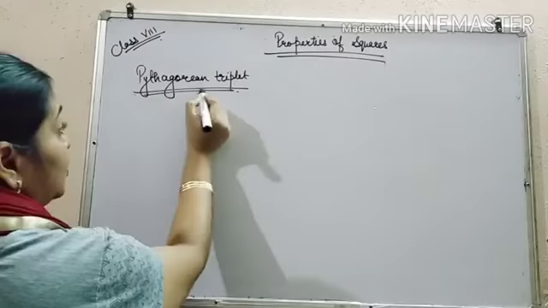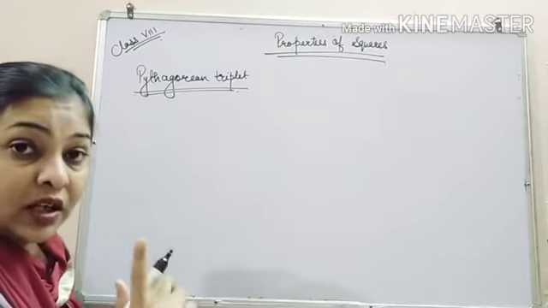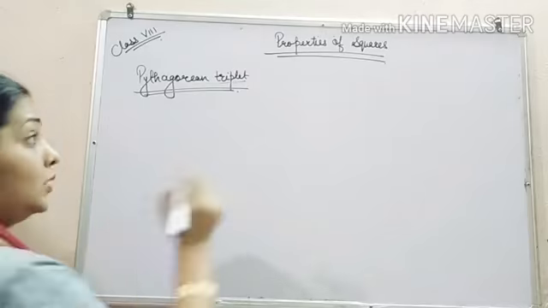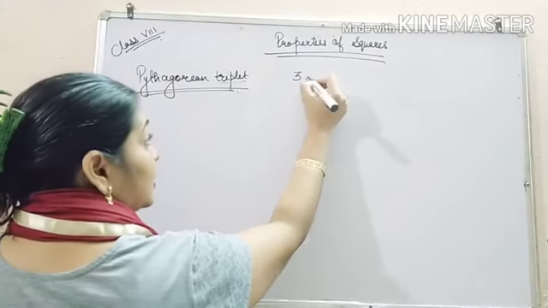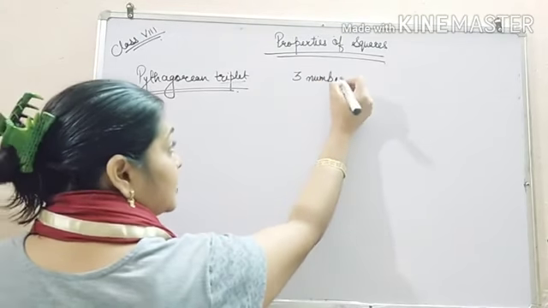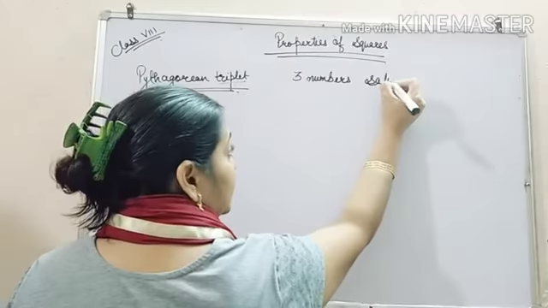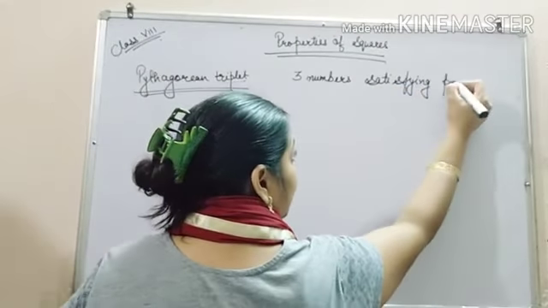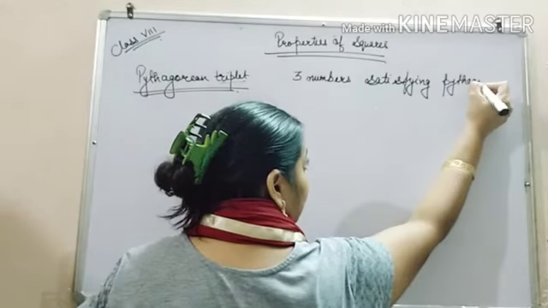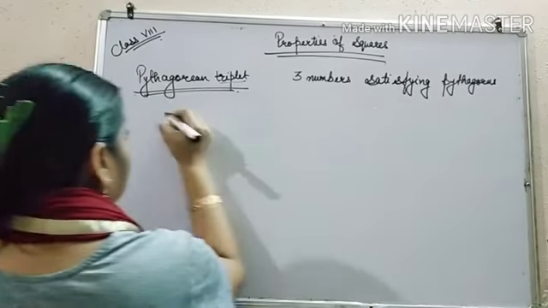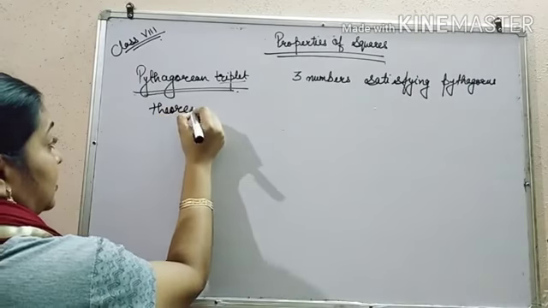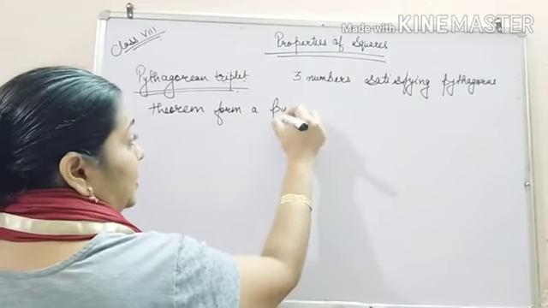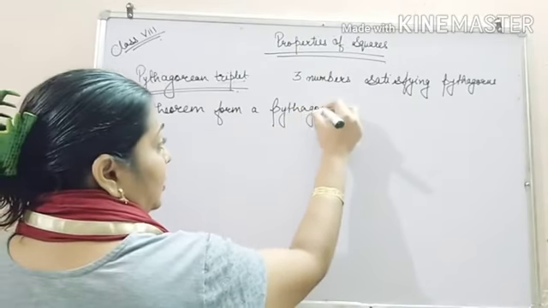Pythagorean. You know that Pythagoras was a mathematician. Triplet means 3. So three numbers satisfying Pythagoras theorem form a Pythagorean triplet.